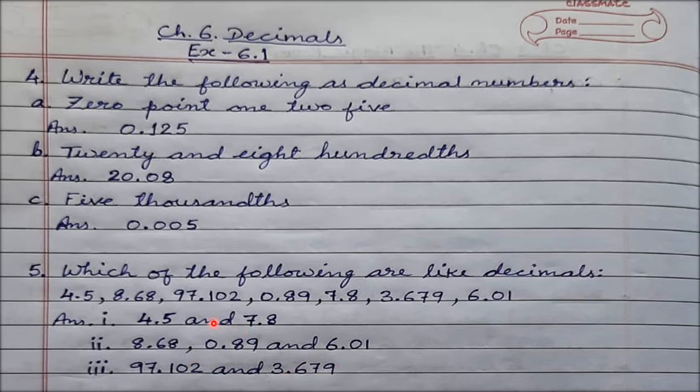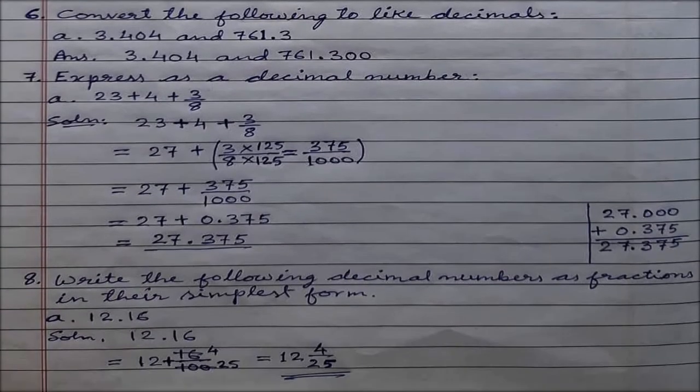Now let's see question number 6. Convert the following to like decimals. As we discussed in the previous question, when they have an equal number of places after the point, we call them like decimals. Now you see, in this question A, the first decimal number has 3 places after the point, but the second one has only 1 place after the point. So what we do, we will put 2 more zeros here.